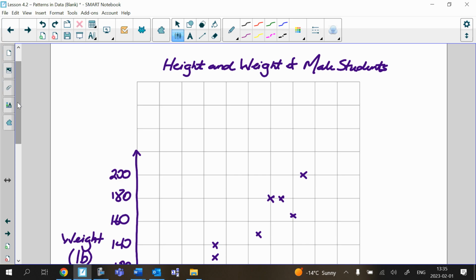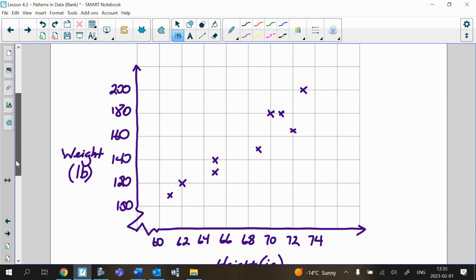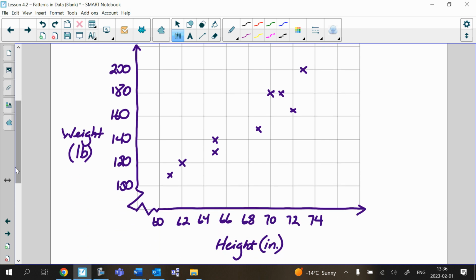And this is a bit of a judgment call. Okay? I want to draw a line of best fit. Like I said, about half of the points will be above, about half of the points will be below.